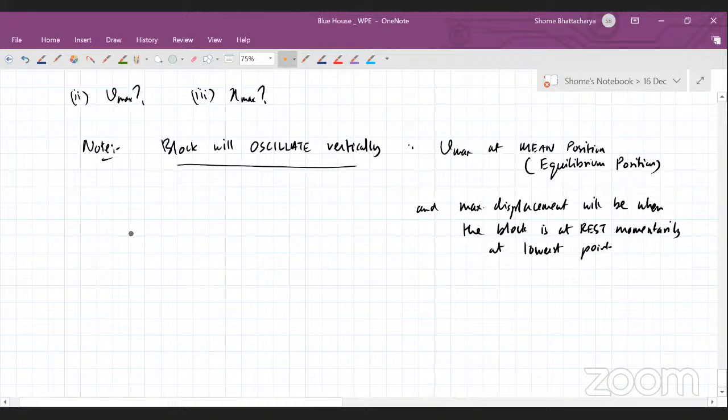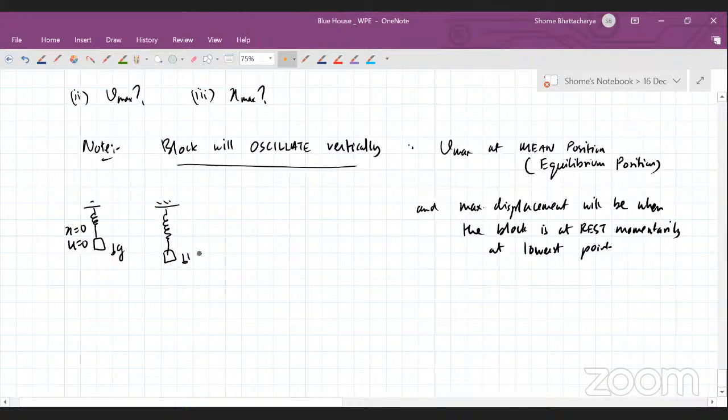Okay. So the oscillation of the block is going to happen in such a way that when the block starts from here at x equal to 0, it sets off with an acceleration g. Okay. So after some time, it's here.